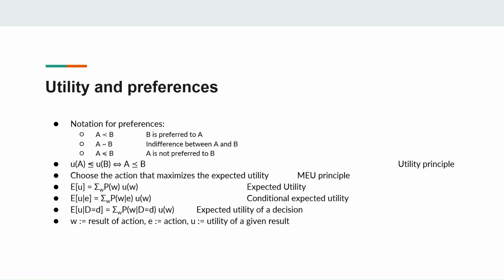Again, our results all have a different utility, depending on our preferences. So I will say, I give this a 10, and I'd rather not fail, so I give this a 1.